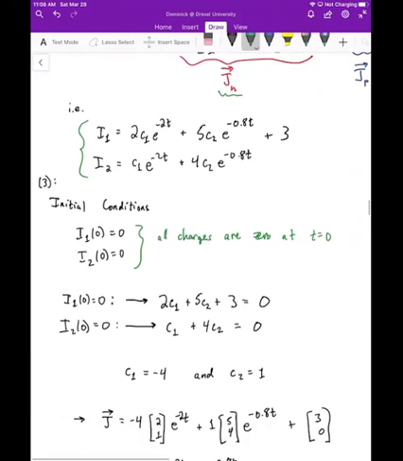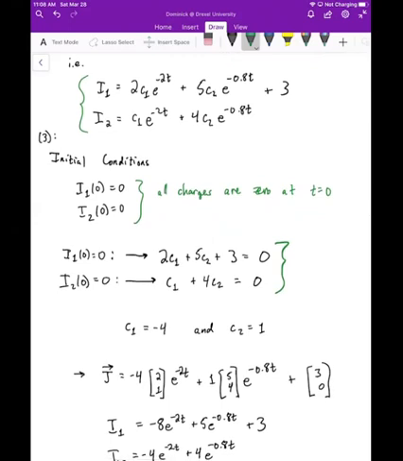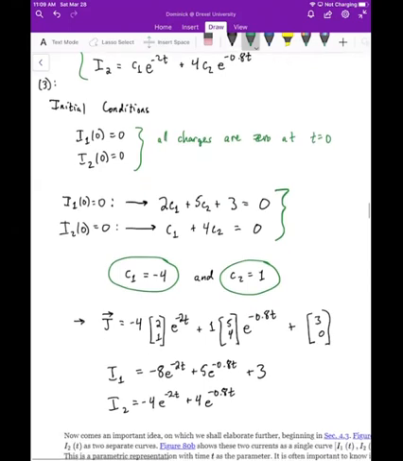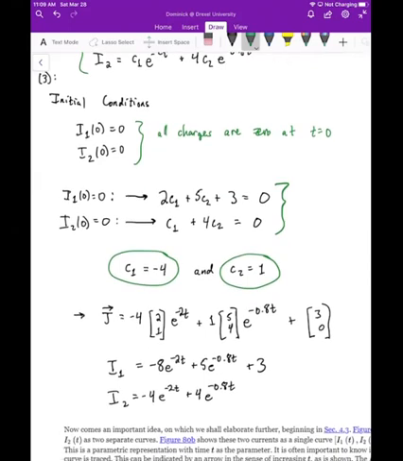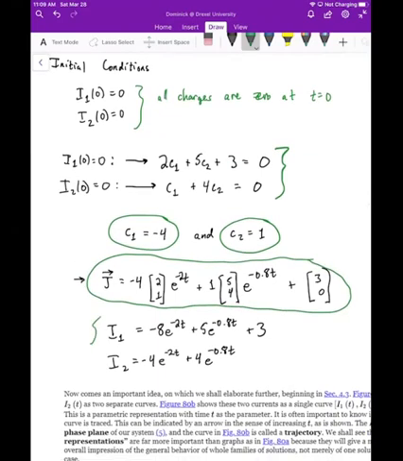Now if we plug these into our I1 and our I2 equations, we get the following system of equations, which you can solve again fairly easily. You can find that c1 is -4 and that c2 is 1. So now if we plug this into our solution, we get something like this in our vector form, which is going to allow you to say that your current equations are given by this system.